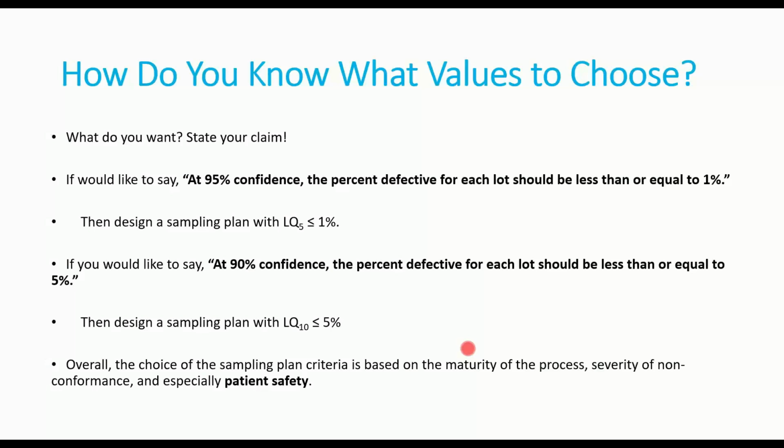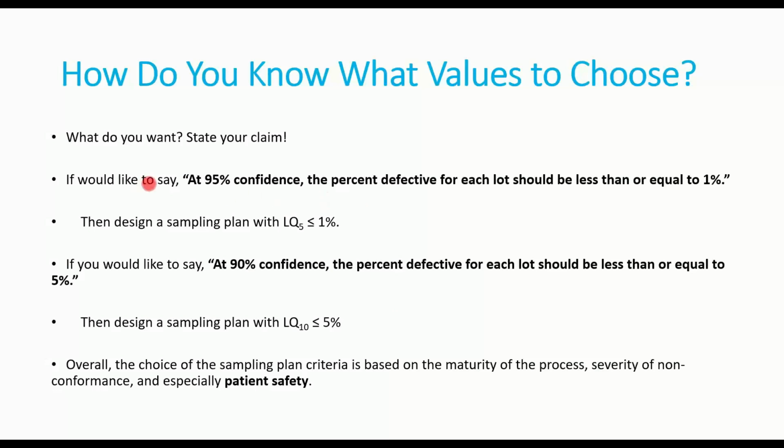And the main driver should always be protection of your end user, your consumers, your patients. If we're in the medical or pharmaceutical, right, we definitely want to have patient safety. So yeah, when you have a new process, you might want to bring this down a little bit for your LQs, because you're not really sure yet how good those batches are, how good those lots are, right?